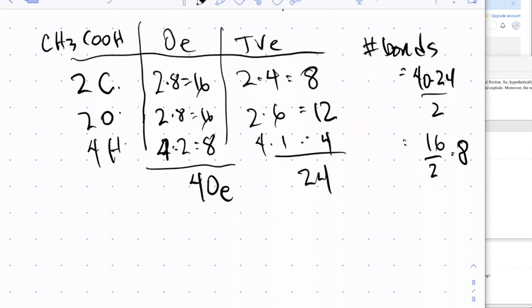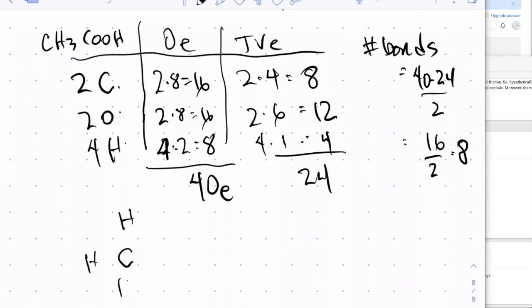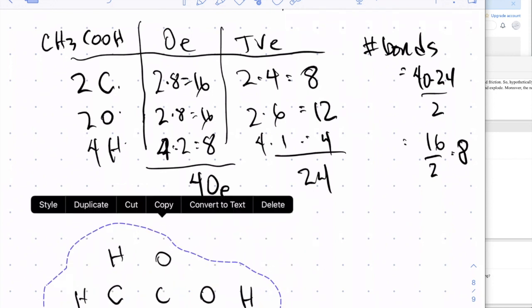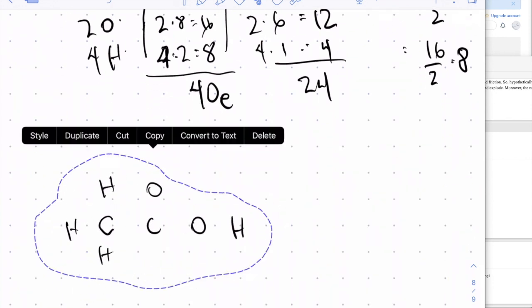This is 12 and 8, that's 24. So let's go ahead and put our 8 bonds. There's carbon, hydrogen, hydrogen, hydrogen, carbon, oxygen, oxygen, hydrogen. That is the arrangement for acetic acid. I'm just going to move this down so I have space.